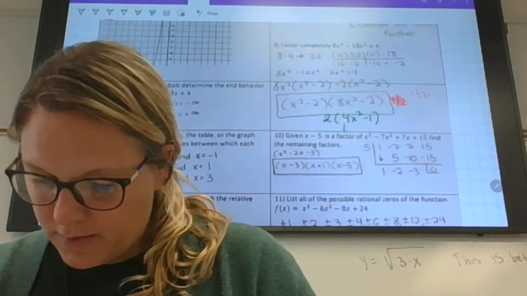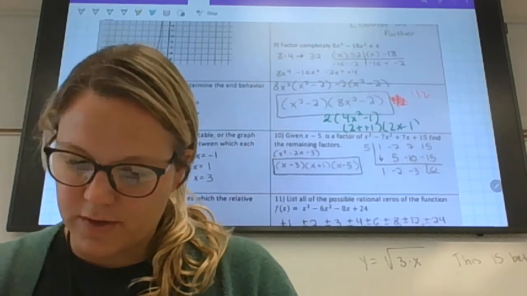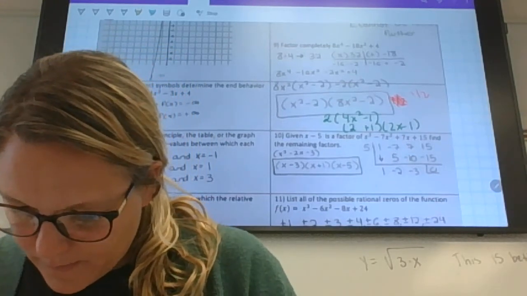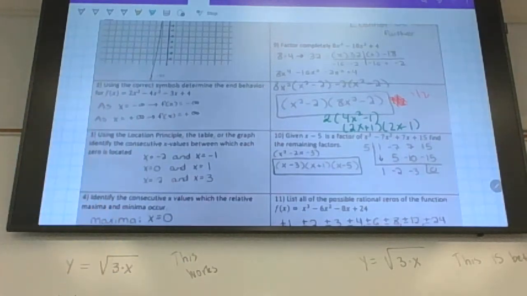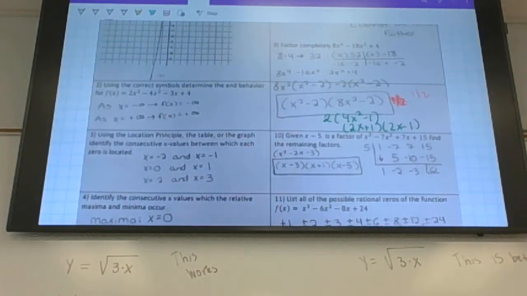From there, you go 2x plus 1, 2x minus 1 for full credit. That would have been full credit. I tell you, almost nobody got that one. There were no hundreds. Maybe it was that problem right there. Usually that problem or number 12.